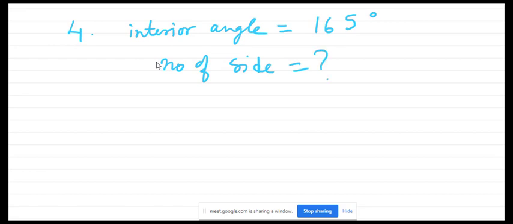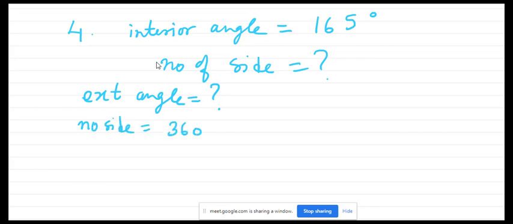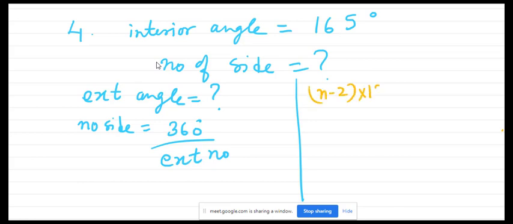So this question can be done in two ways. One way is just to find the exterior angle. Then you know that the number of sides can be given as 360 divided by the exterior angle. This is one of the methods that you can use. The other method: you know that the sum of the interior angles in any polygon is (n minus 2) into 180, right?